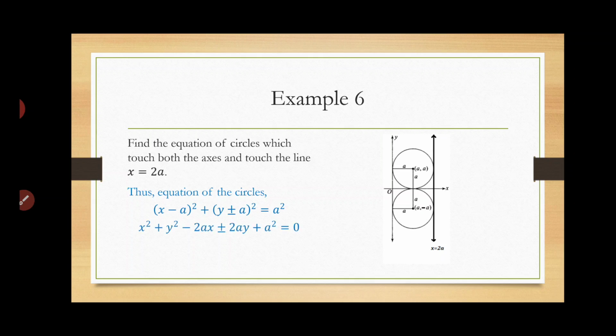So if I go on solving, I have x² + y² - 2ax ± 2ay + a² = 0. Now if x = 2a would have been negative, that is if I had the line x = -2a, then it would have been just the opposite. It would have been on the other side, right?